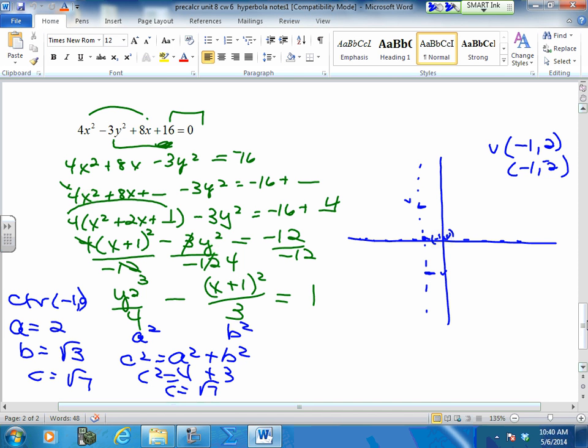So now, we don't have covertice, but we need the concept of a covertice to make our rectangle. So we go left and right, B units, which is radical 3, which is a little bit more than 1, like a little less than 2. So out here. So let's make, we don't really need these points, but we need to get this rectangle here.